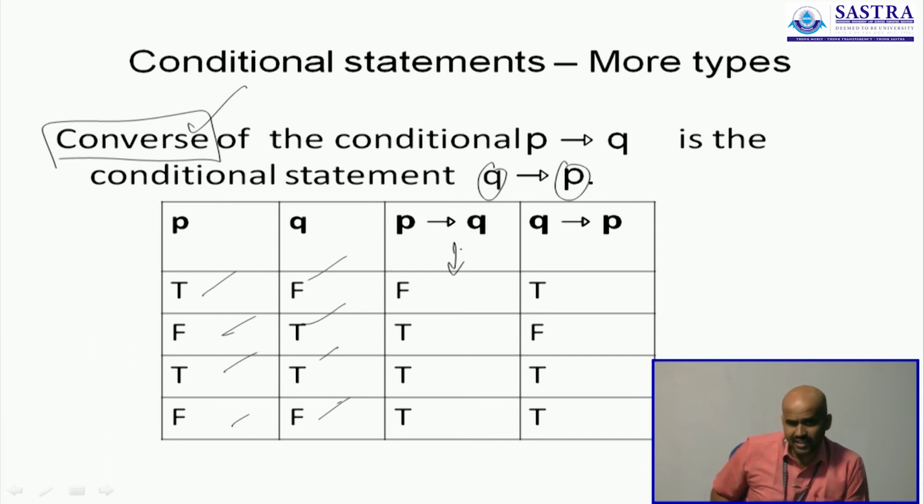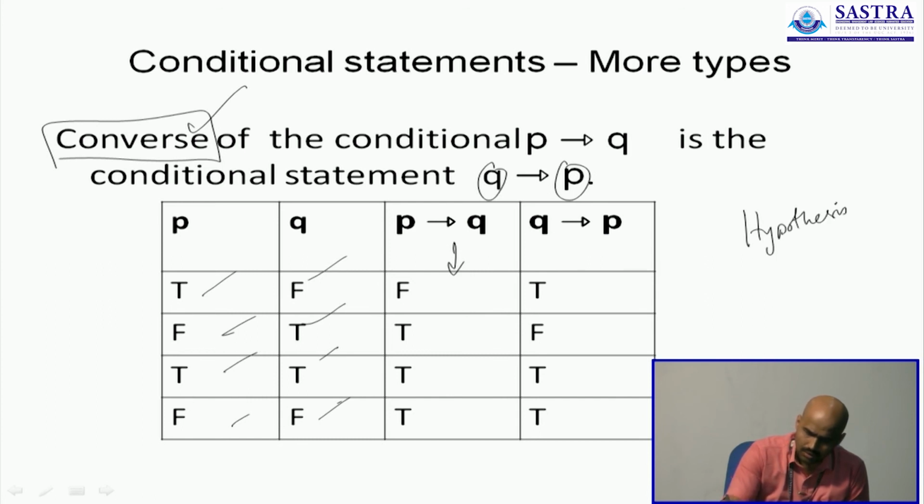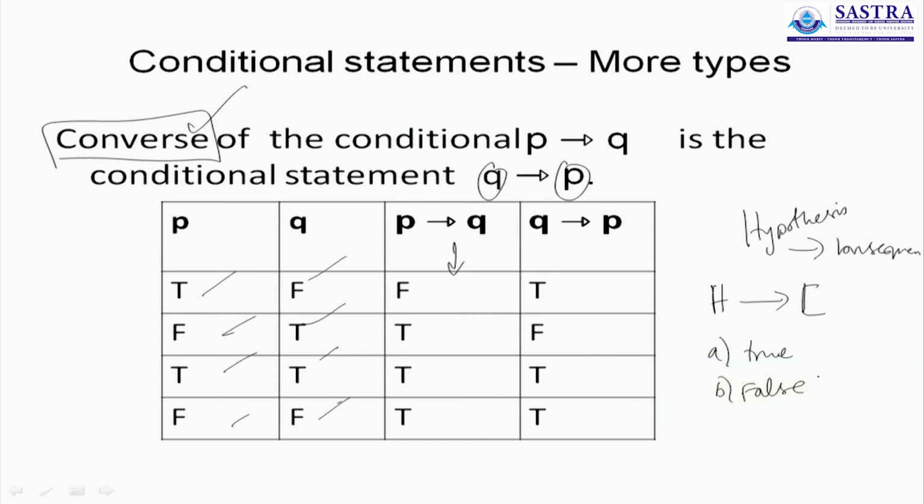It's basically a conditional. So what do we say about a conditional? If hypothesis implies consequence, then the conditional from hypothesis to consequence takes a true value or a false value, only these two. When does it take a false value?